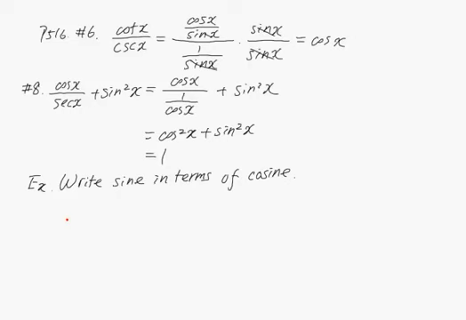Which one? How about this guy? Fundamental identity, right? We begin with the fundamental identity because this identity involves both the sine and cosine. And then we may just solve this identity for sine in terms of the cosine.